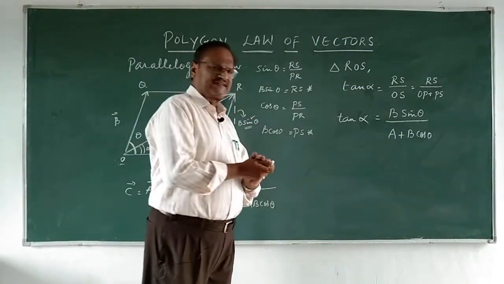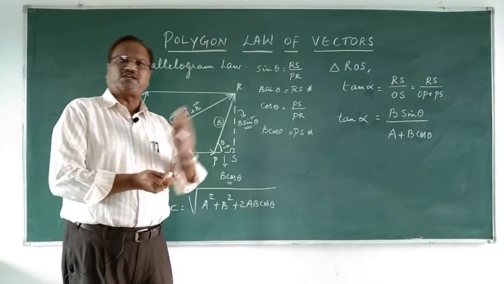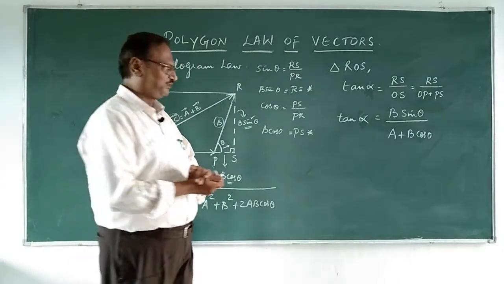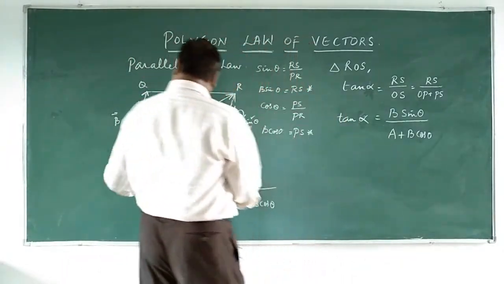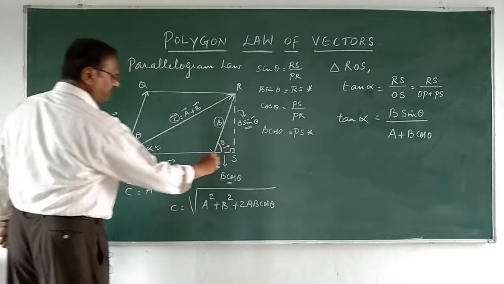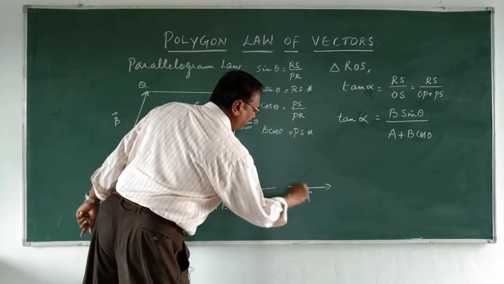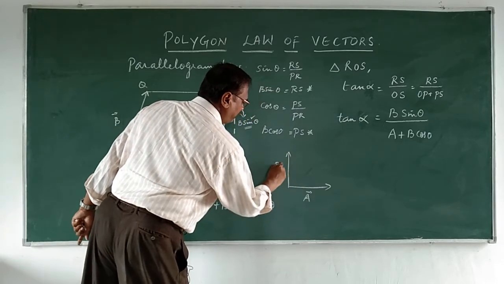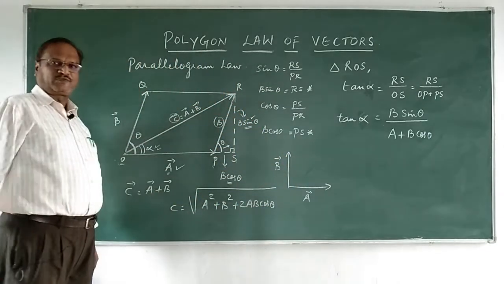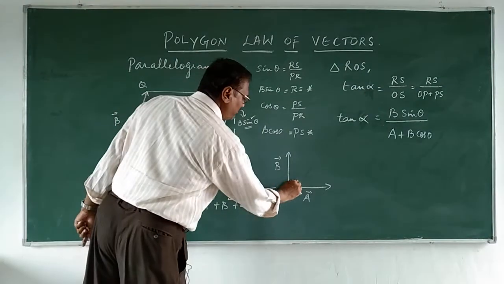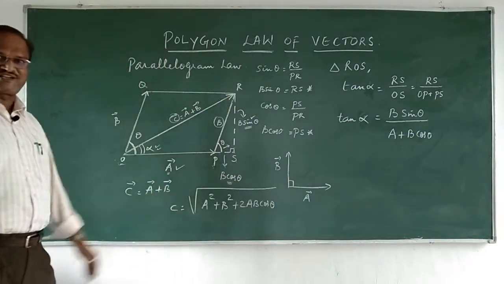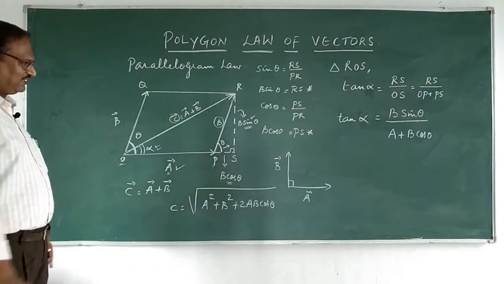I am going to take a very simple case logically and see how the whole thing will turn out to be. Suppose this A vector and the B vector are perpendicular to each other. Okay, then what will be the direction of the resultant? How will you calculate?